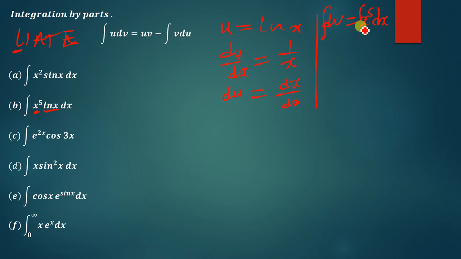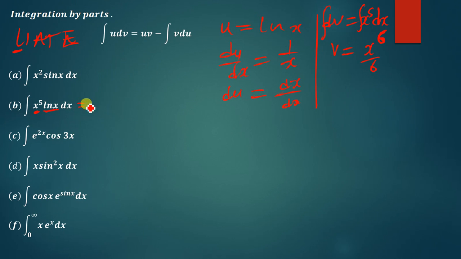Then we can integrate both sides to get v. So v is going to be equal to x to the power 6 over 6. Yeah, and then from there we can now apply the formula.